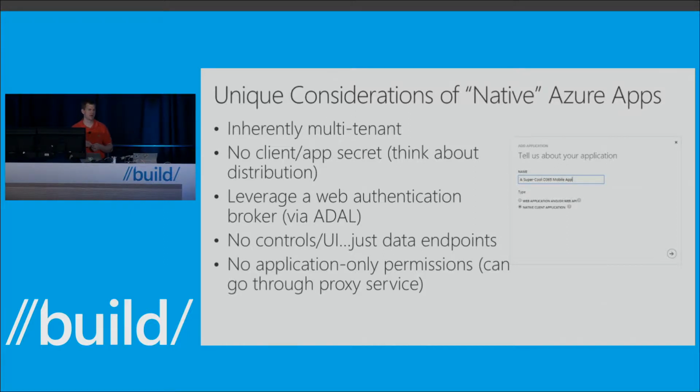So when I build a web app in Azure Active Directory, I have a little toggle switch that lets me say I want this to be single tenant for my org, or I want it to be multi-tenant to where anyone can use it. Mobile apps don't have that concept. They all use what we call the common endpoint, which means they are inherently multi-tenant. Now, you could hard code the authority that you use through authentication. We'll look at that a little bit, but they are inherently multi-tenant.